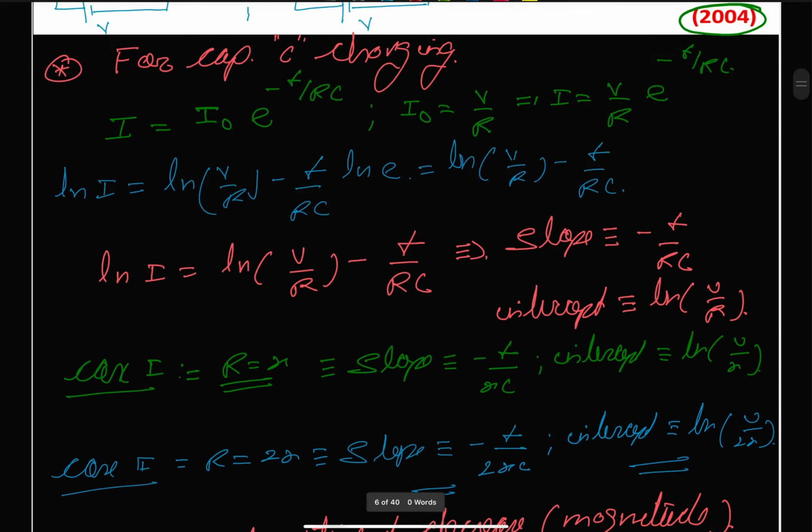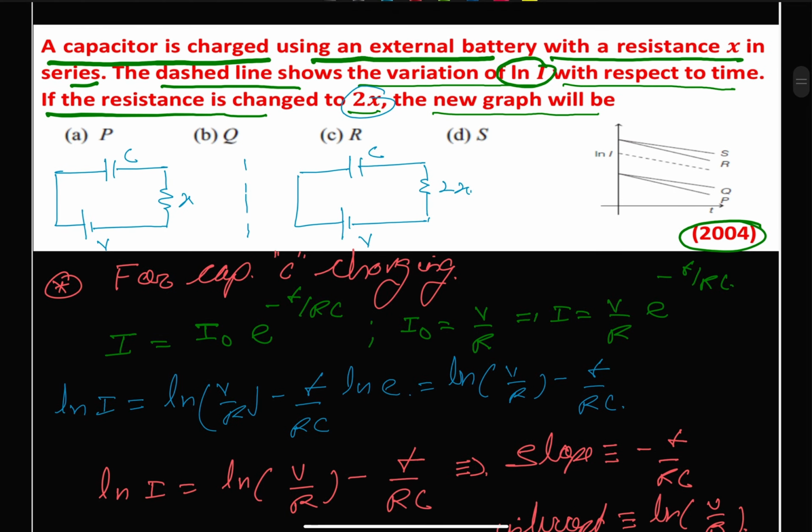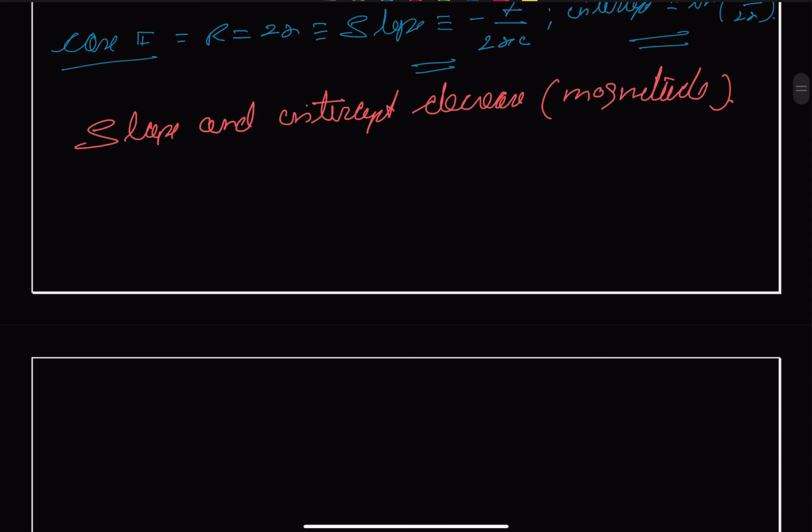Both slope and intercept decrease. Therefore we can say that this Q, sorry, not P but Q, is the representation of the new graph, and option number B is the correct one.